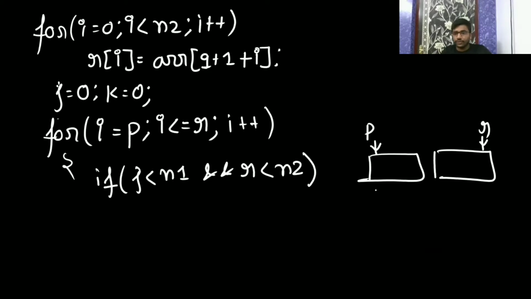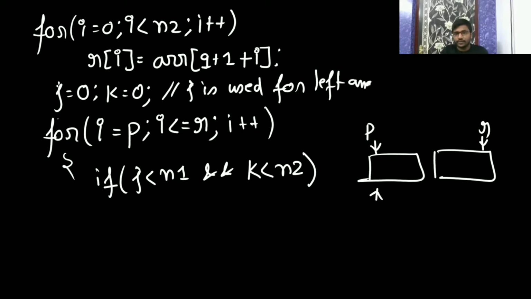See, j index I am using for the left array I have divided, and k I am using for the right array. So j is used for the left array, and k is used for the right array.